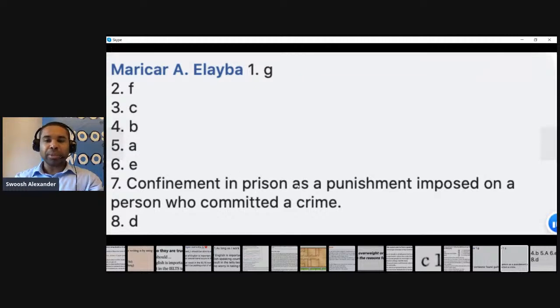Confinement in prison as a punishment imposed on a person who committed a crime. Okay, so Maricard has given a bit more definition there, which is great. But again, don't use the word prison in the definition. So confinement in a secure area which you cannot leave might be a little bit more appropriate there, just to avoid repeating the word in the definition.